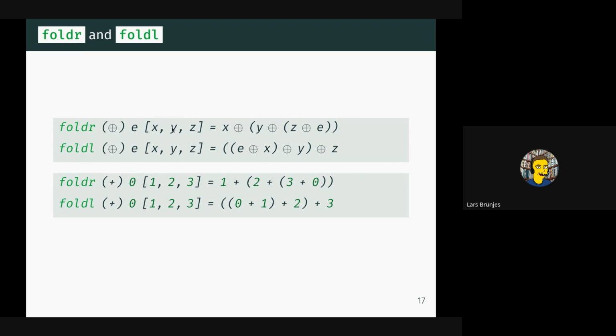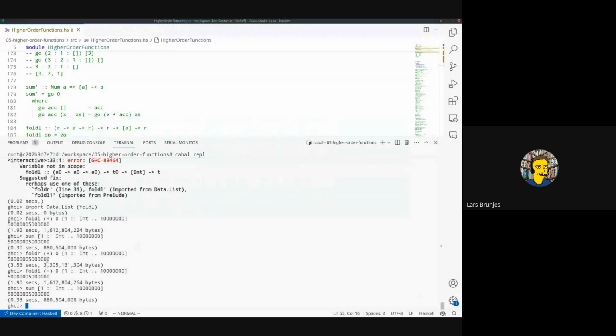So it has to first evaluate the whole list in memory, a 10 million integers long list, before it can do the first calculation. So that means it will definitely use a lot of memory. And we see this reflected here when we did this fold right. I mean, it was the worst, like 3.3 gigabytes. And that's because it has to have the whole list in memory.